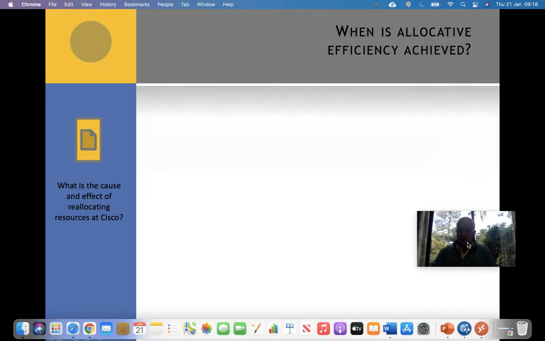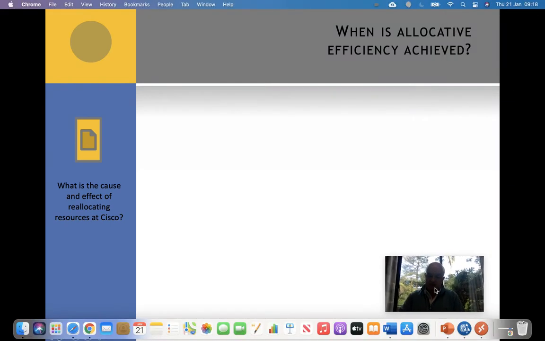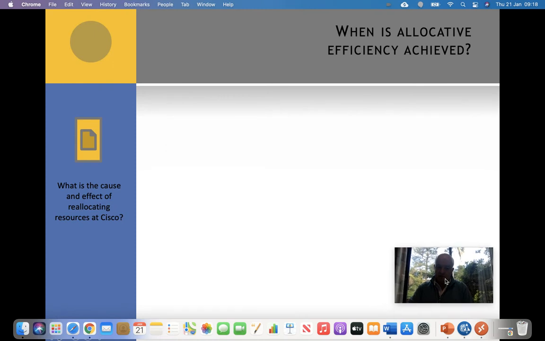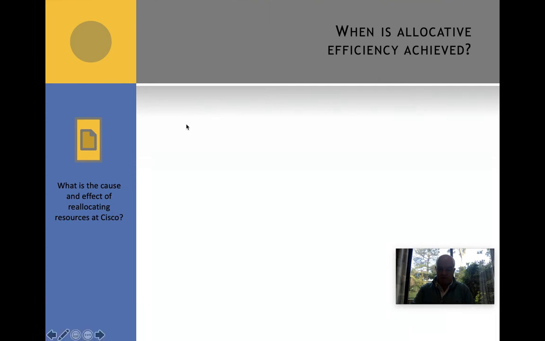Okay, so let's have a look and see then. I think probably the slightly easier one to understand is this principle of productive efficiency. But when we're talking about allocative efficiency, it's a slightly more tricky thing to get your head around. So let's have a look at when allocative efficiency is achieved.